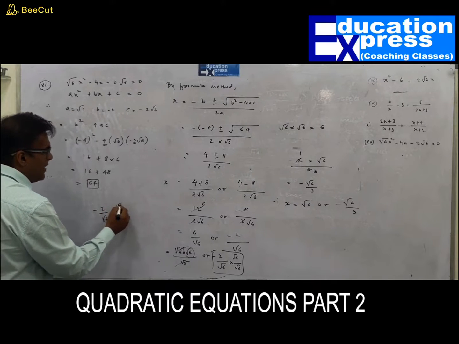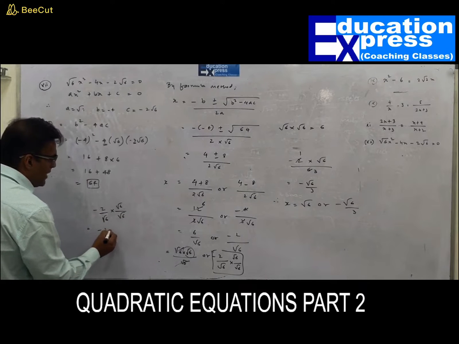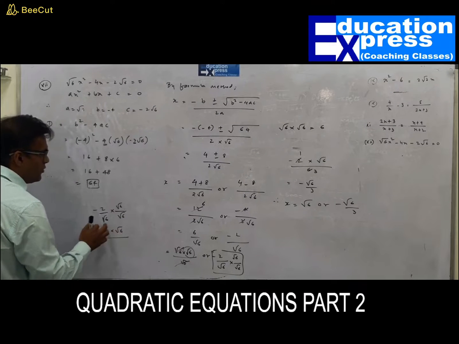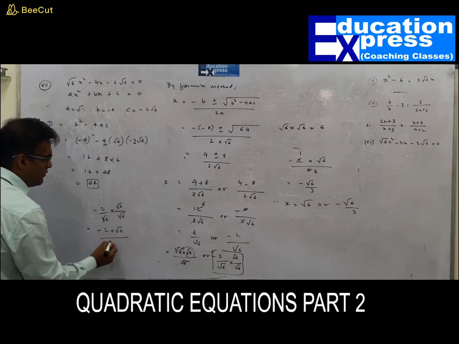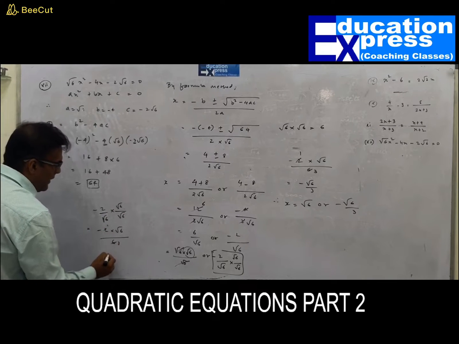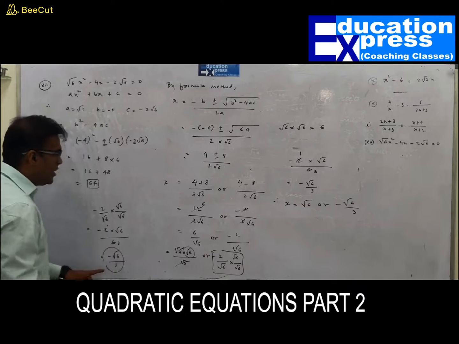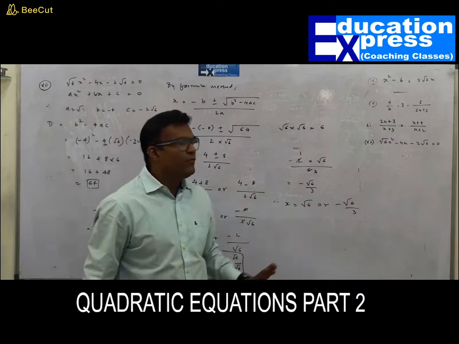So I am multiplying by root 6, same time I am dividing by root 6. This will result in minus 2 into root 6 upon root 6 into root 6, which is 6. 1s are, 3s are. Final outcome would be minus root 6 upon 3. That's how I have derived this answer.